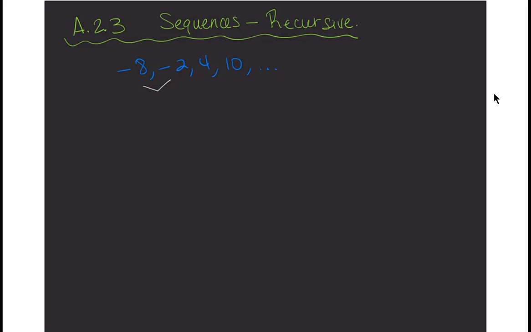So I can get from -8 to -2 by adding 6, -2 to 4 by adding 6, 4 to 10 by adding 6. So this is telling me that it's arithmetic because I'm adding, and then my common difference, or we could even refer to this as slope, is how do I get from one term to the next? It's a difference of 6.